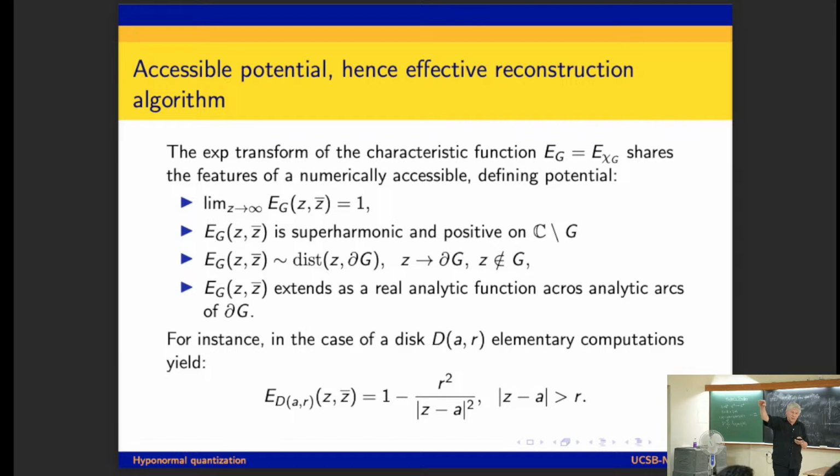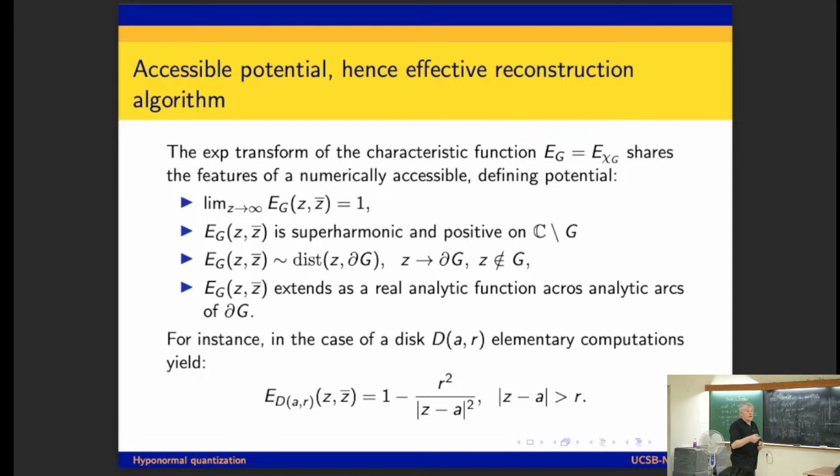So it comes from 1 and decreases to the boundary. If the boundary is regular enough, close to the boundary it is bounded from above and below by the distance. Therefore, if you want to find the boundary, you plot this.